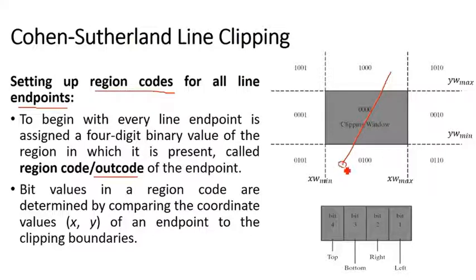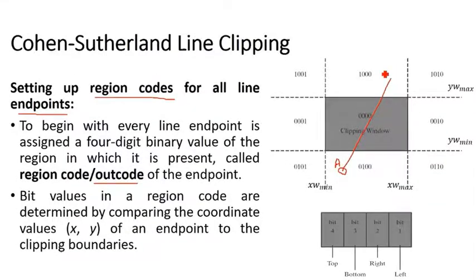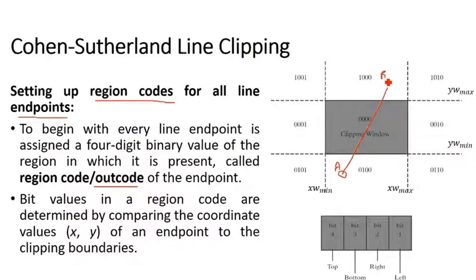Since this is residing in the bottom region, let us say this endpoint is A and this endpoint is B. The outcode of endpoint A is basically the region code of bottom, so I assign 1000 to this.